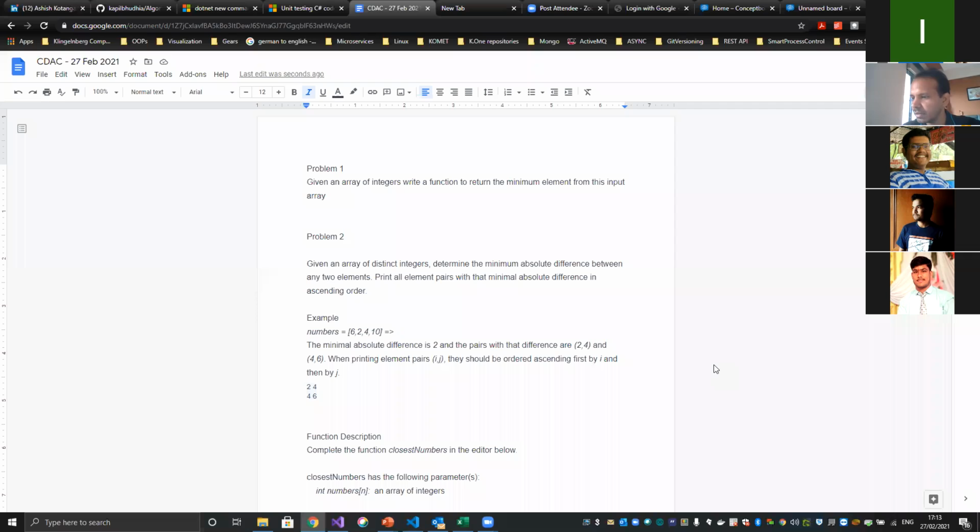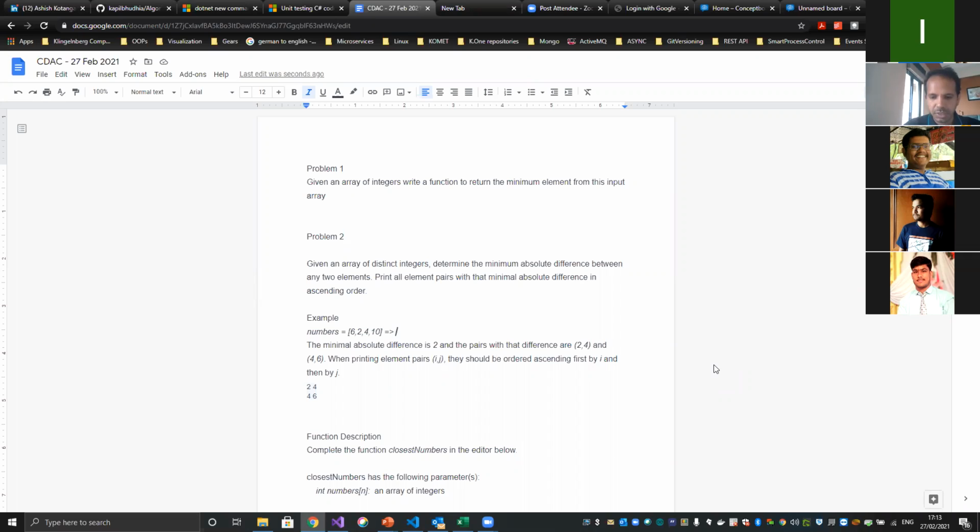How about Pratik? Two Pratiks, Pratik Agrawal. Is there Pratik here? Yes, sir. So can you tell me what is meant by minimum absolute difference? Okay, let's first say what is absolute difference between any two elements. The difference between two numbers, just like the difference between 2 and 4, 2, and 6 and 4, 2. Right. This is the requirement.